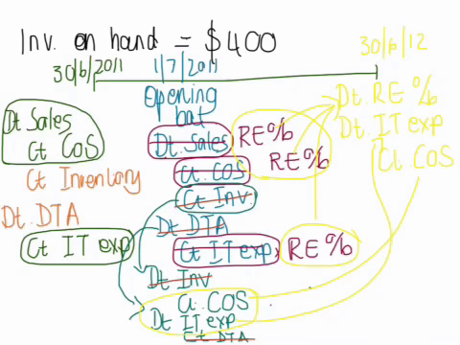So this is the entry that you can study for adjusting for any unrealized profit in the opening balance of inventory. What I tried to show you here is just where it originates from until we've got this shortened version of the entry.